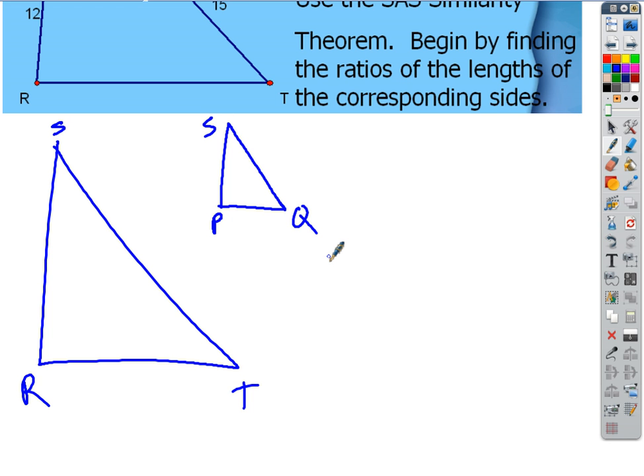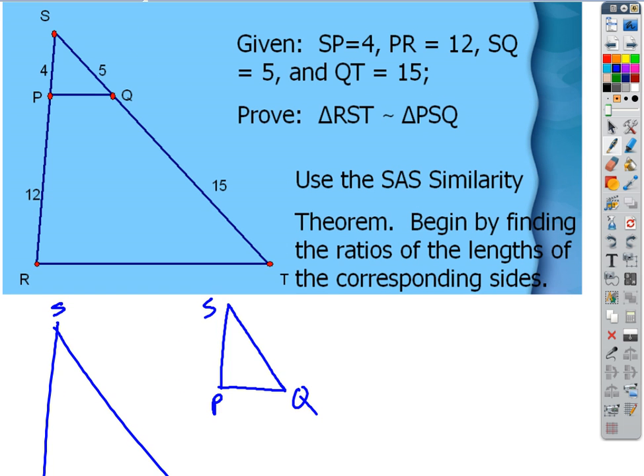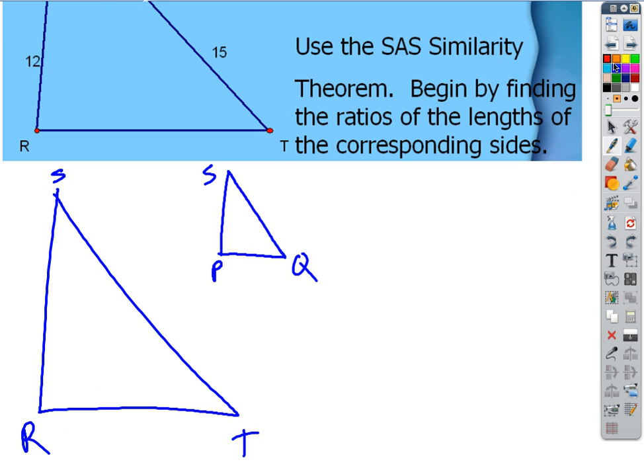Okay, pull them apart. Now, what are some things we know? Are there any congruences there? And do they share any of the same parts? Angle, yeah, angle S. Angle S obviously is congruent to itself. They have the same angle. So there's one thing that we can see right away, is that those angles are congruent, right?